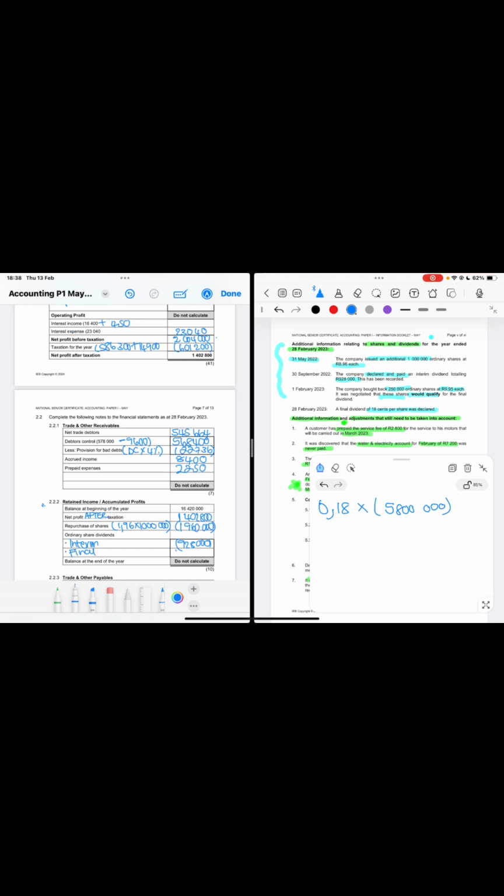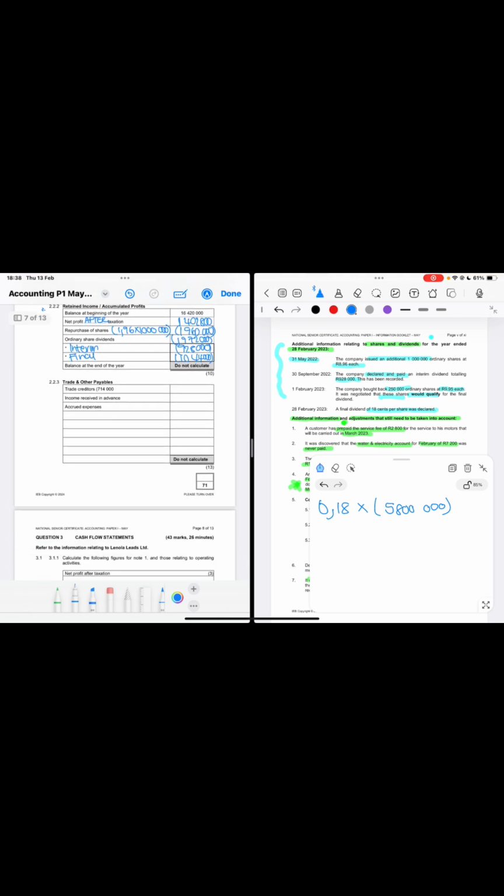That will give you 10,044,000. You add that up with the 928,000 to give you 1,972,000. Okay, that's your retained income note complete.